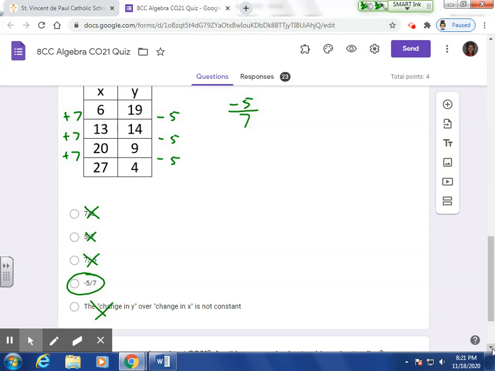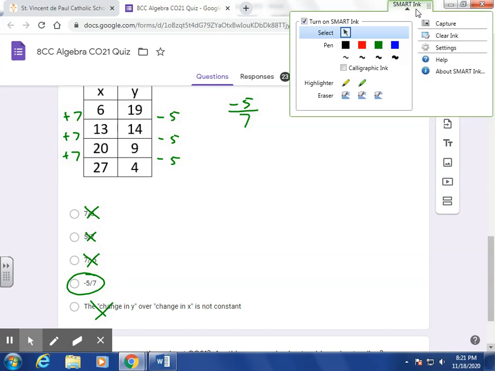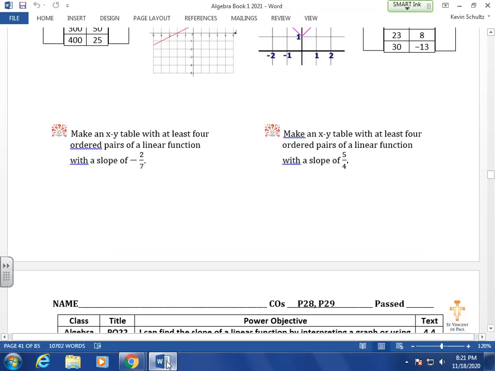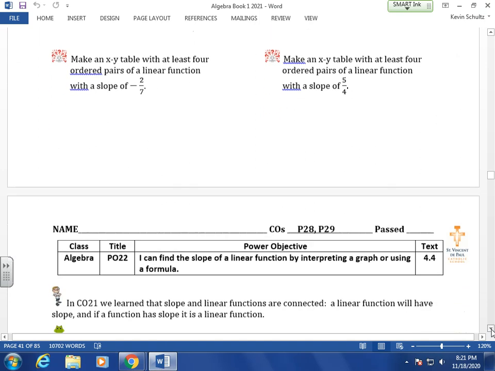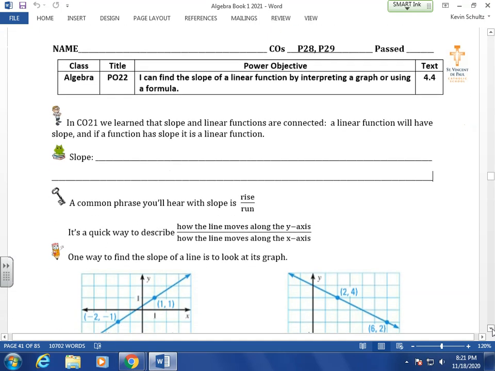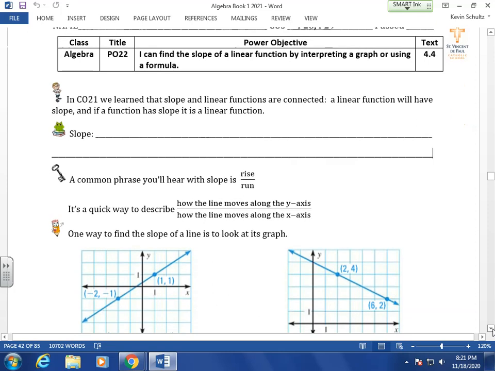All right. Excellent. Let's go to PO22, where we dive into slope a little bit more. PO22. I can find the slope of a linear function by interpreting a graph or using a formula. So here's my little nifty tidbit here. In CO21, we learned that slope and linear functions are connected.